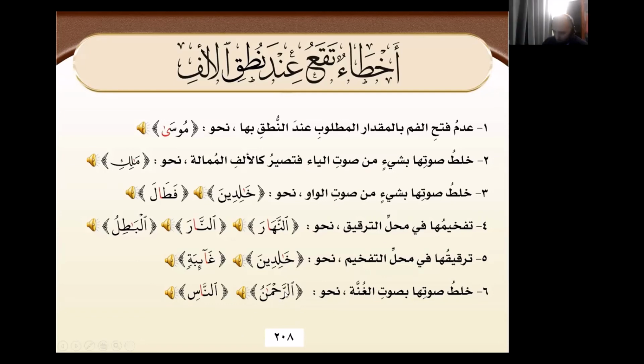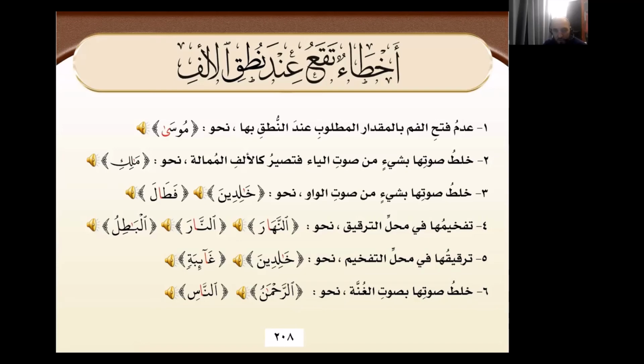Here he's saying we're making the alif light when it's supposed to be emphatic, because it's preceded by an emphatic letter. So it should be kha, khalidin, as opposed to the light version. Ghaiba, this is what he said.